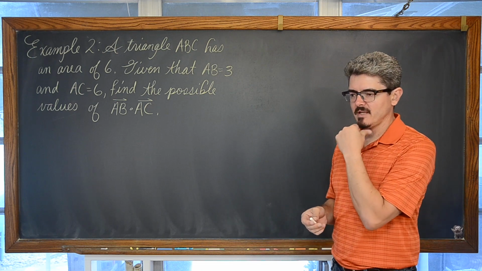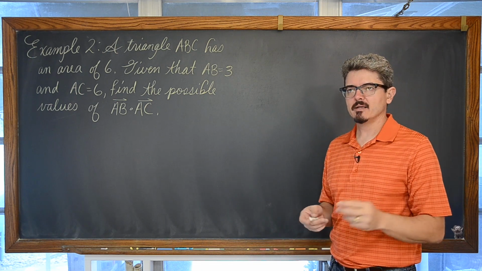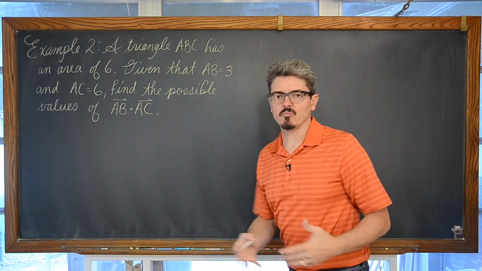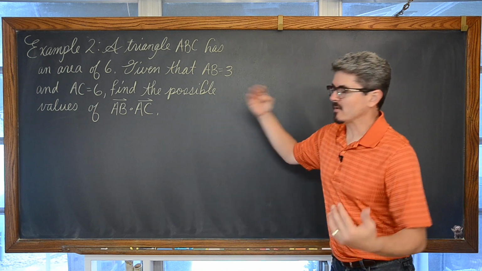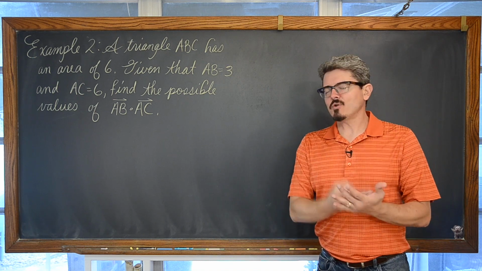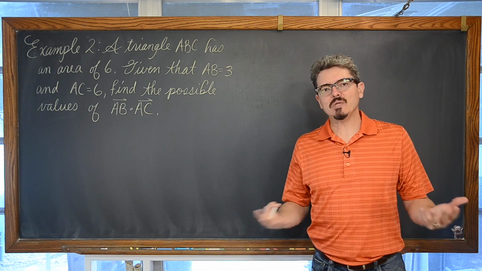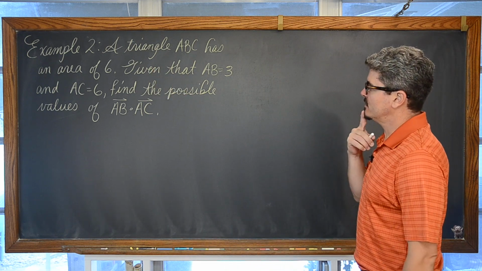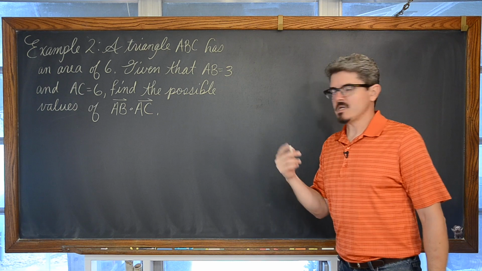But like all questions in math, especially ones that you find a little bit complicated, you want to read the problem, pull out important information, maybe make a diagram like we're going to do, and also don't forget to let the question tell you what you need. You're looking for all possible values of some dot product.